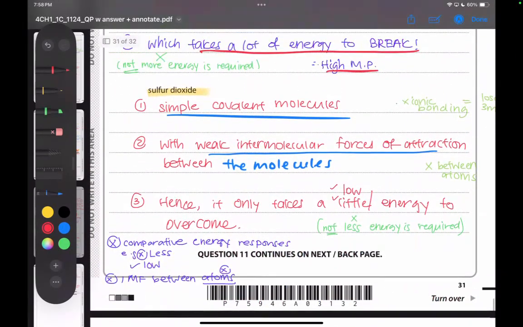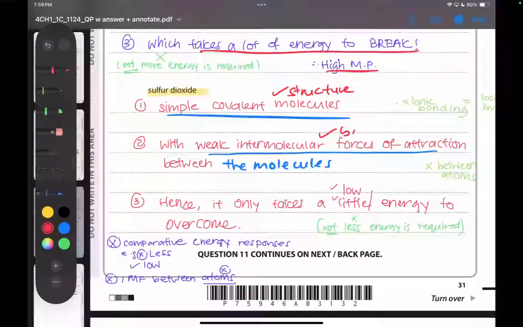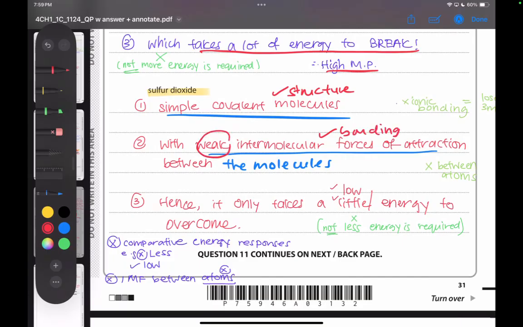That is our structure, and this is our bonding. Because of these weak intermolecular forces, it only takes a little bit of energy to overcome. Now, take note of this word. You cannot say it takes a little bit of energy to break the bond. That is no marks. Weak intermolecular forces need to be overcome.